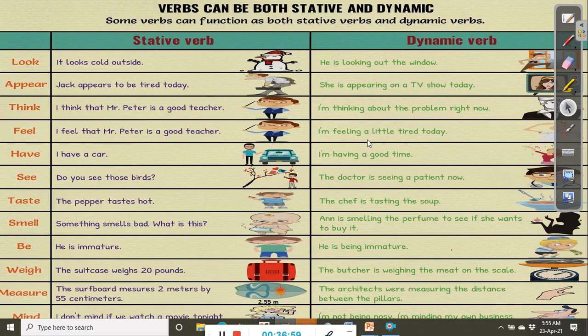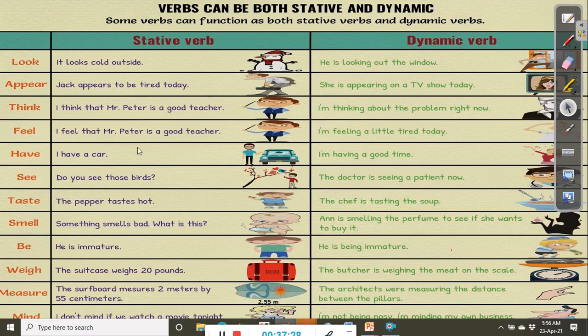You can say I love you, but not I am loving you. I like tea, but not I am liking tea. So you need to understand when a stative verb is strictly to be used as a stative verb and cannot be used as a dynamic verb.